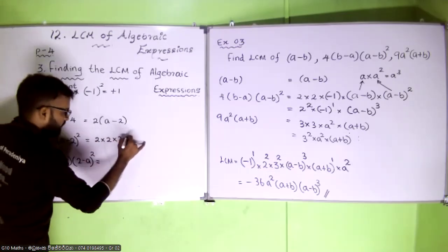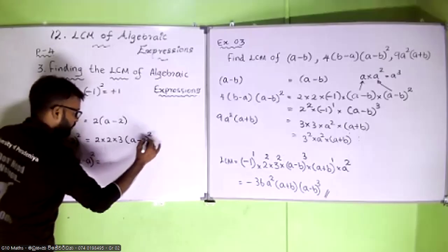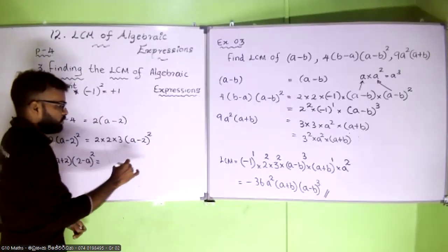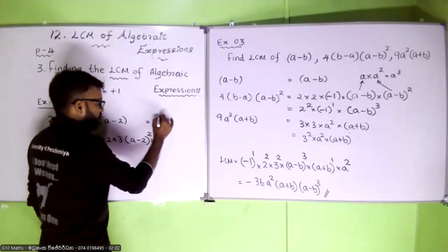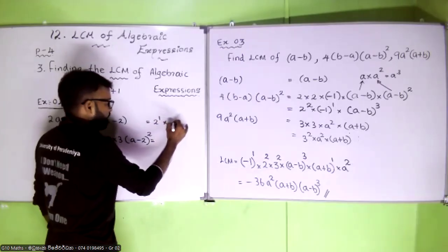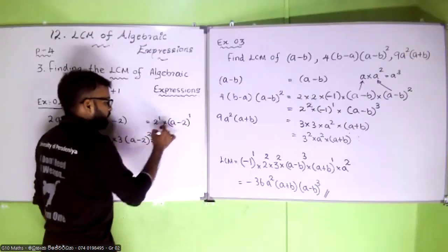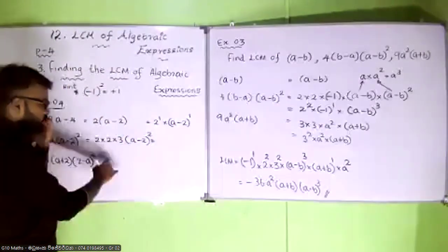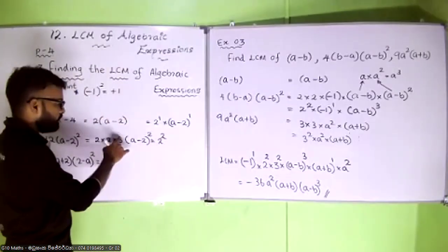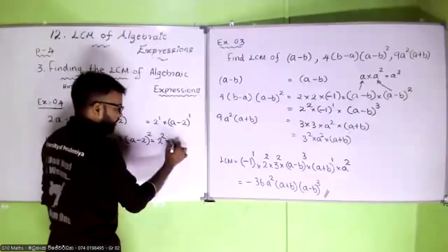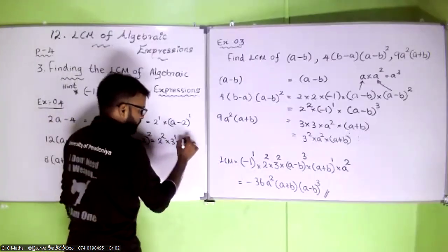And here we have a minus 2 to the power 2. So I can write this as 2 to the power 1 multiplied by a minus 2 to the power 1. This one is 2 to the power 2, 3 to the power 1, multiplied by a minus 2 to the power 2.